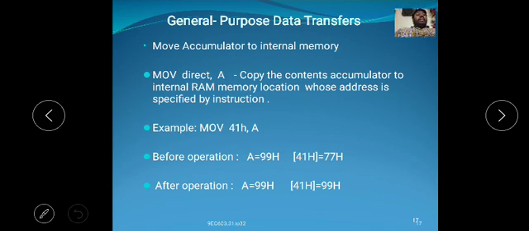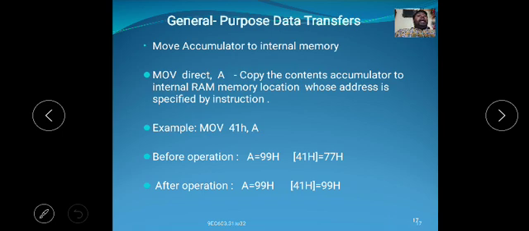Move the accumulator to internal memory: MOV direct, A. Copy the contents of the accumulator to the internal RAM memory location whose address is specified by the instruction.